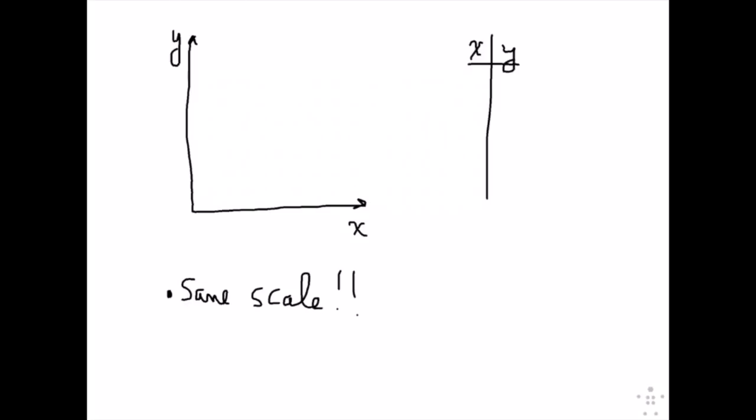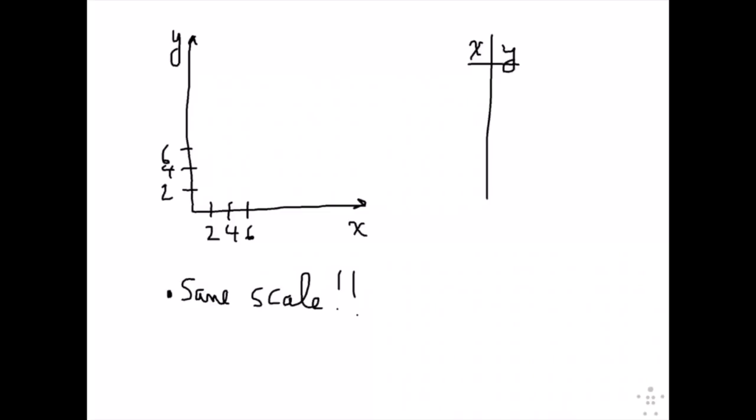This is important. So if your graph paper is like this, and you go 2, 4, 6 here, then you have to go 2, 4, 6 here. Again, if you just have a table of x, y values, that's important.